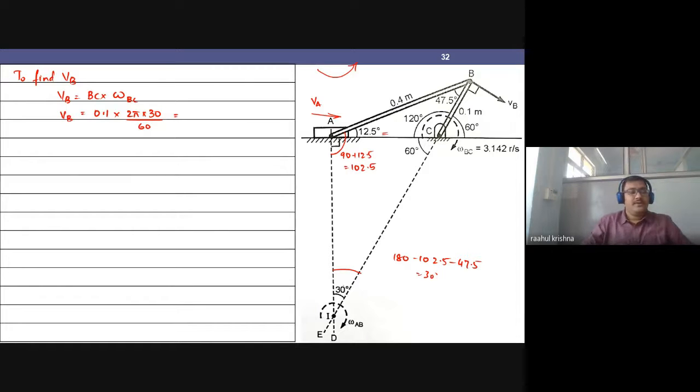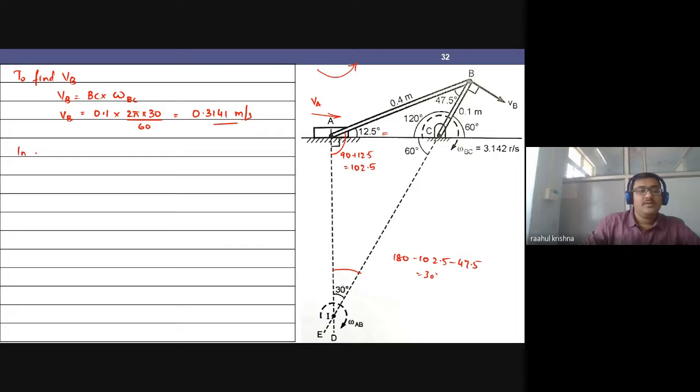By this you can get VB directly. VB is 0.3141 meters per second.